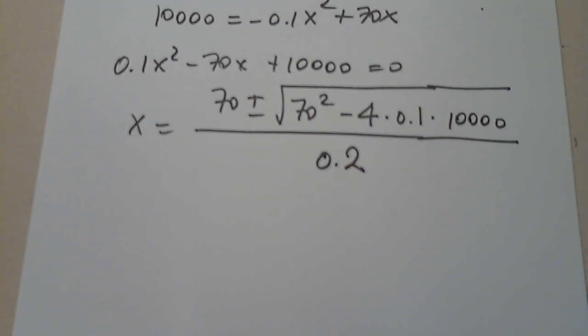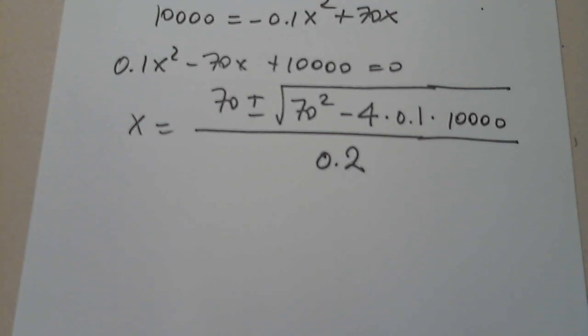Left parenthesis for the numerator: 70 plus the square root of 70 squared minus 4 times 0.1 times 10,000. Close the parenthesis. Go outside, close the previous parenthesis from the beginning, and just divide by 0.2.